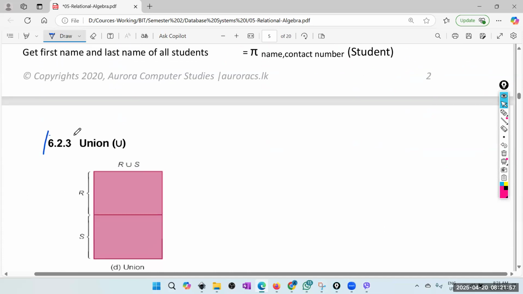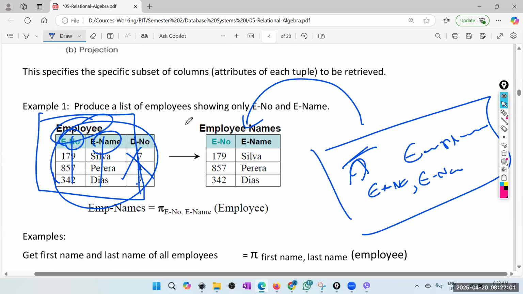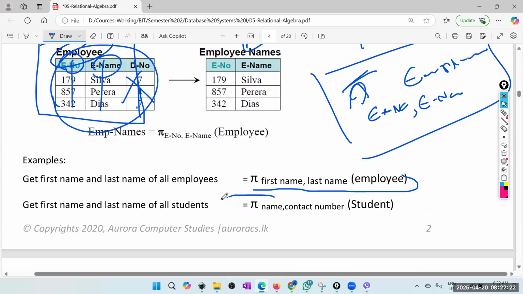Excuse me, sir. Yes. In that example, the second part, get first name and last name of all employees, the second one is wrong, right? This one, the left side one. Ah, yes. I'll fix that.